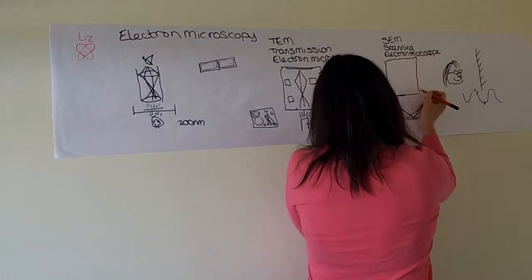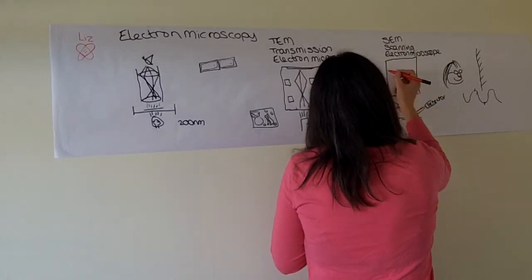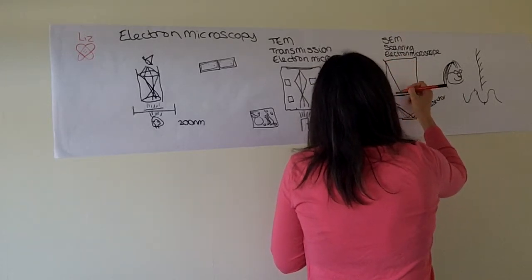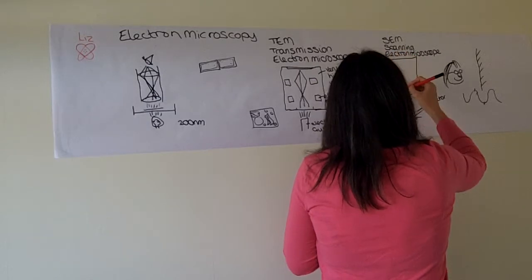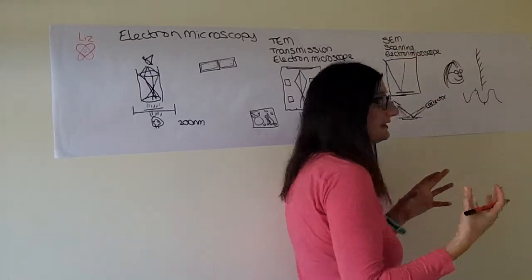So if we draw this in a more upright thing, we've got our chamber here and our sample down here, and we've got our electron gun blasting electrons down, and they're coming up, and they are then seen.